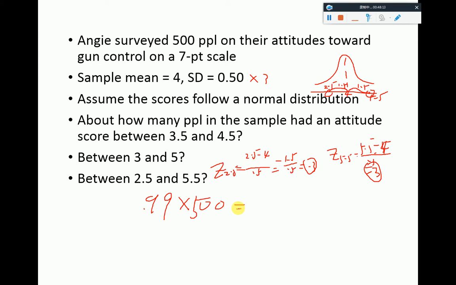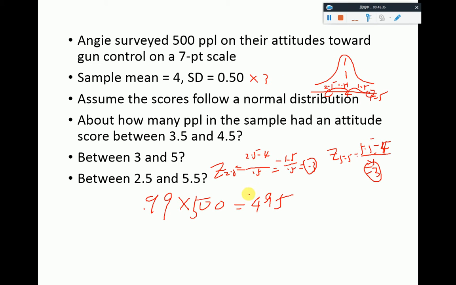So the answer is 495. So there will be about 495 people scoring between 2.5 and 5.5 given this distribution.